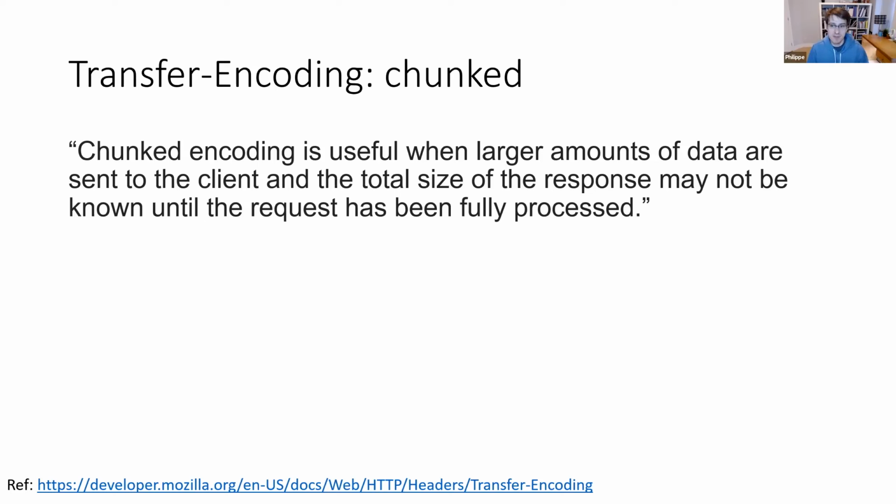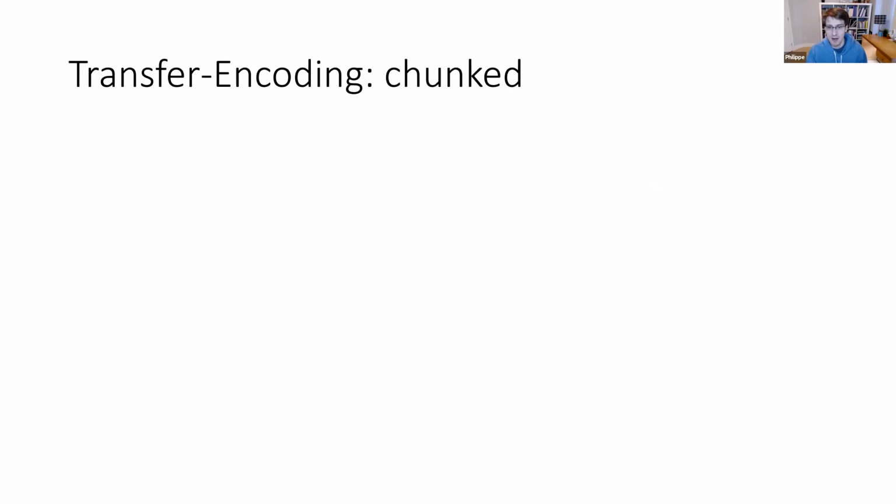It's specifically regarding the length of the body. So instead of specifying in advance that this POST body will be of size 100, we're going to be able to send a few parts one at a time and only specify the length for each chunk over time.